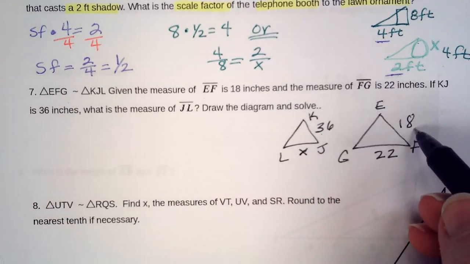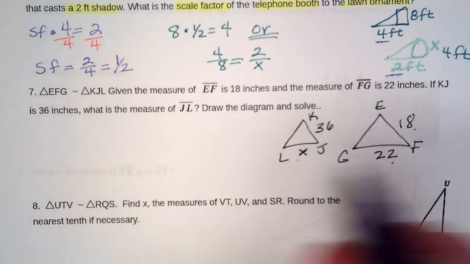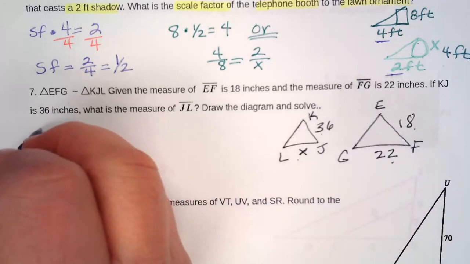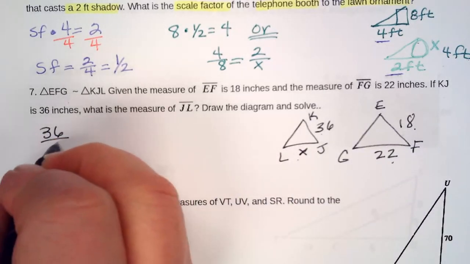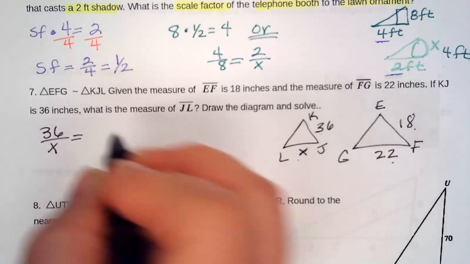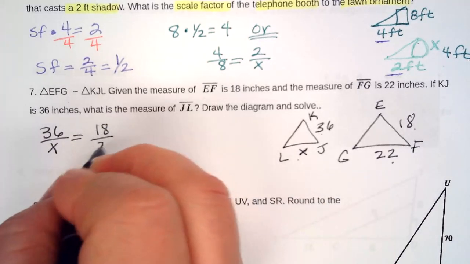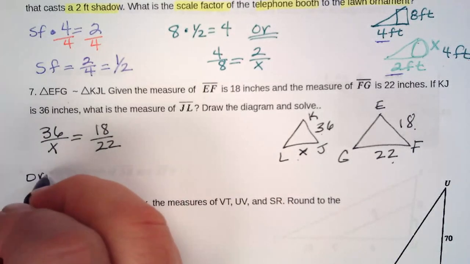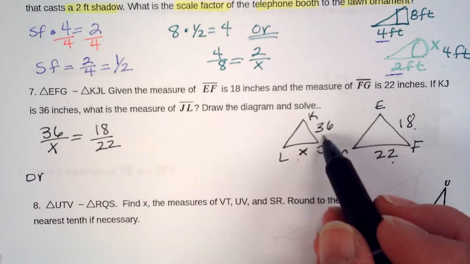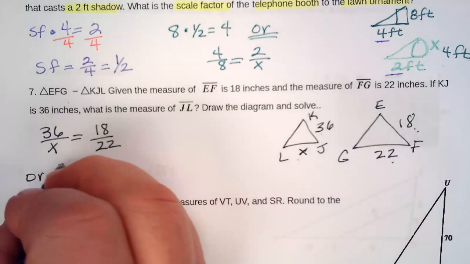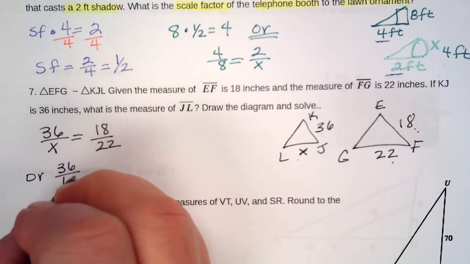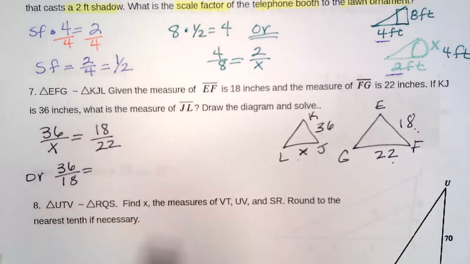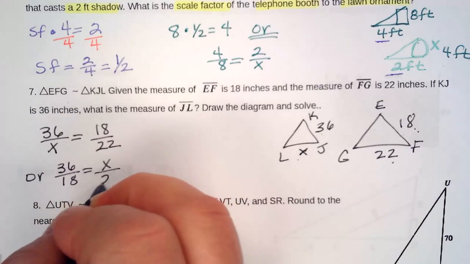Okay, 36 and 18 match up, x and 22 do. So I'm going to go 36 over x is equal to 18 over 22. Or 36 over 18 is equal to x over 22.